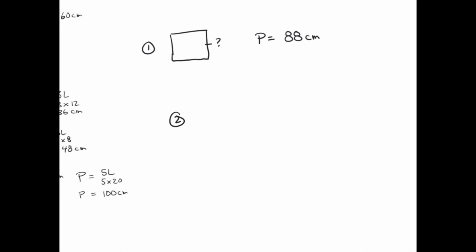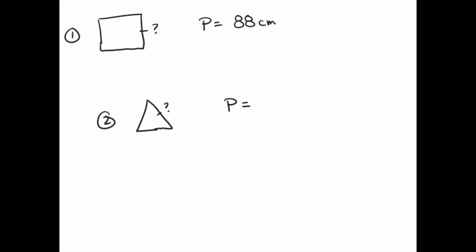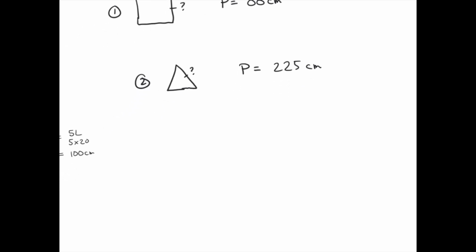And for number 2, let's do a triangle where we don't know the side length, but we know that the perimeter is 225 centimeters. Very large triangle.